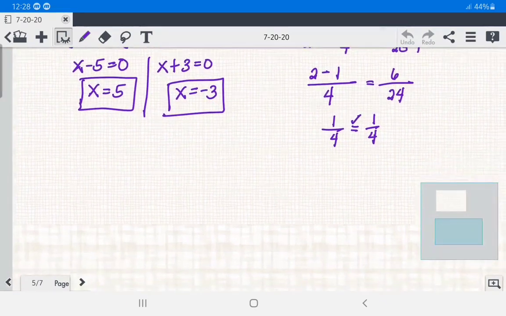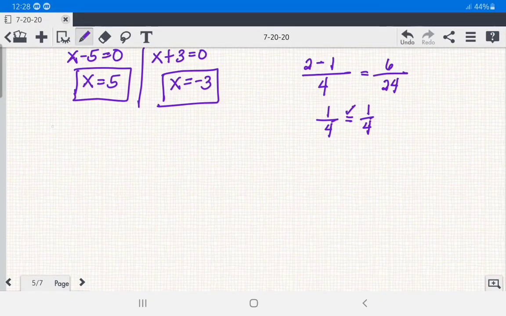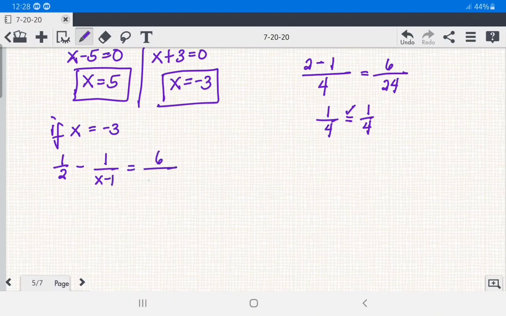Next, if x is equal to negative 3. So, using the original equation again, we have 1 half, then minus 1 over x minus 1 equals to 6 over x squared minus 1.